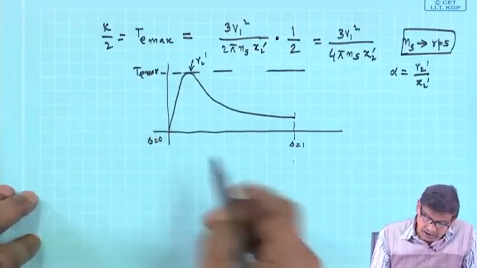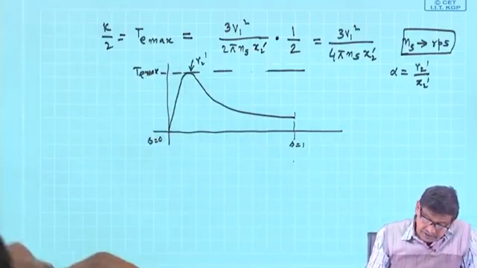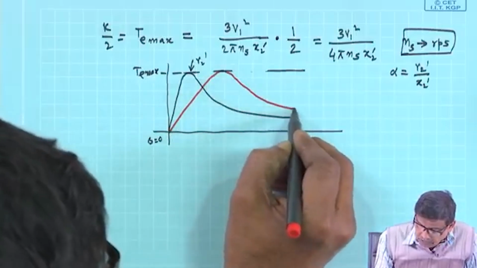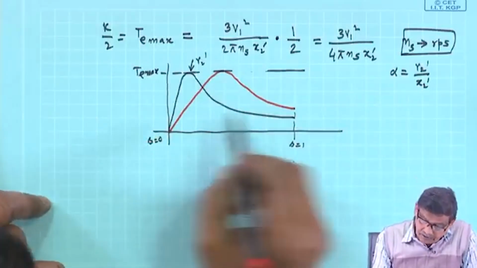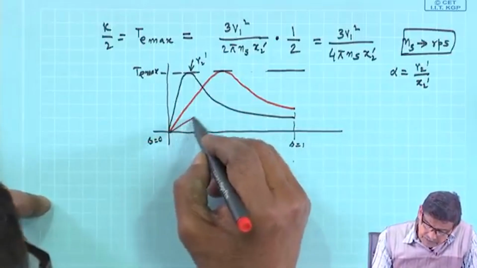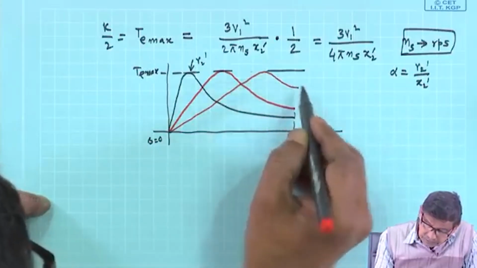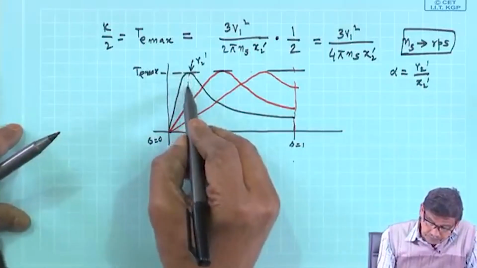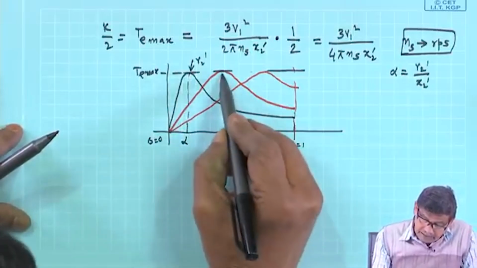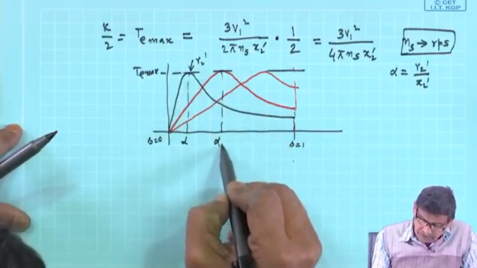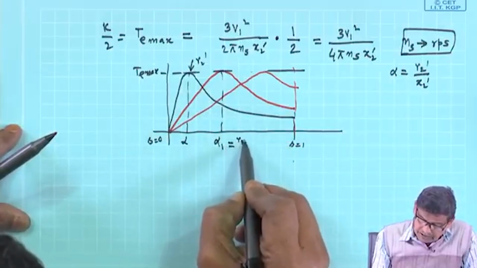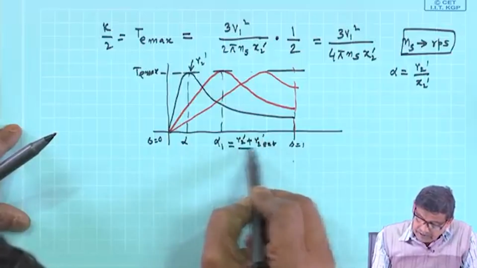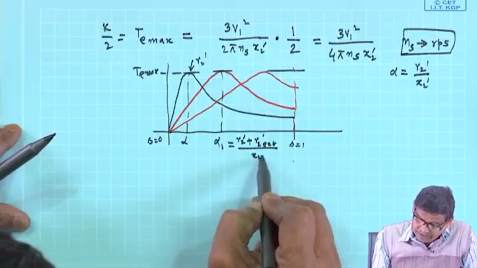So, if you vary rotor resistance, the new torque slip characteristics will have T max remaining the same, and all the things which I got earlier are obtained in the same fashion. This is the original alpha, and this will be some alpha 1, which will be something like R2 dashed plus R2 external dashed by X2 dashed, and so on. I think you have got it.